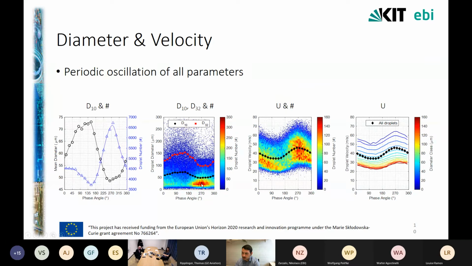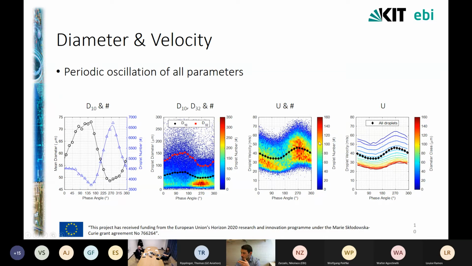So the same graph with the raw data can be seen also for the velocities of the droplets, where we see the phase averaged mean droplet velocity in a black curve, obtained by phase averaging the raw data, dividing the whole period in 20 subsections. So you see the 20 points.